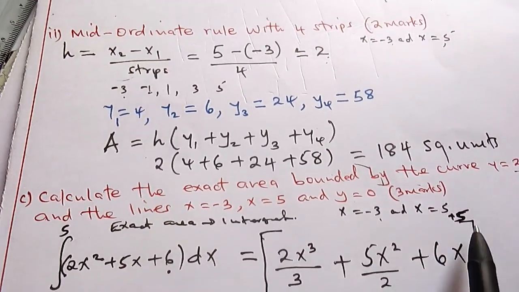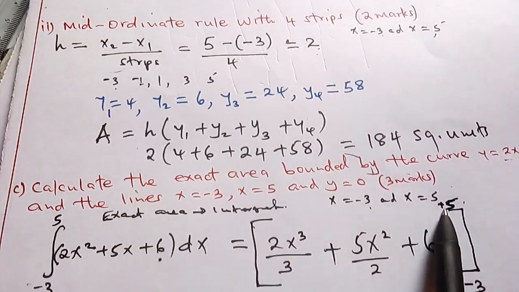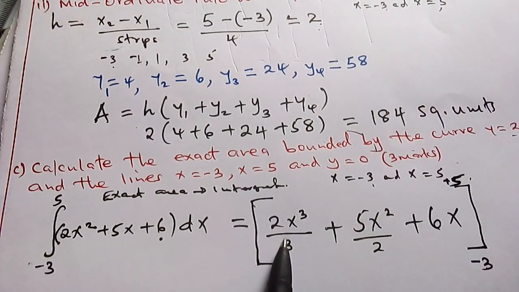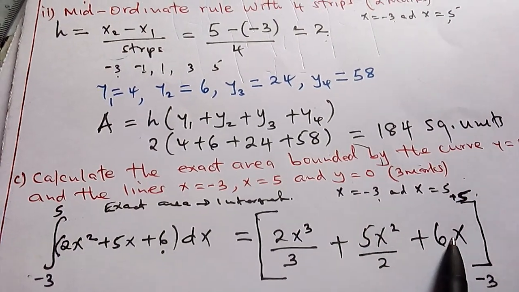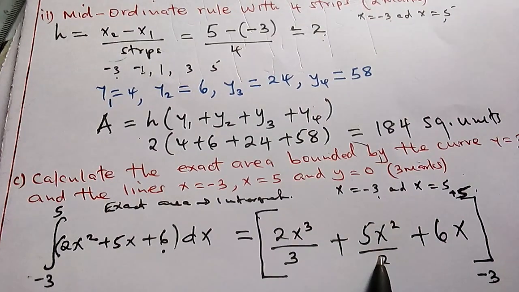So that now you are going to subtract. If you compare 5 and -3, 5 is bigger than -3. So we subtract 5 substituted here minus -3 substituted here.